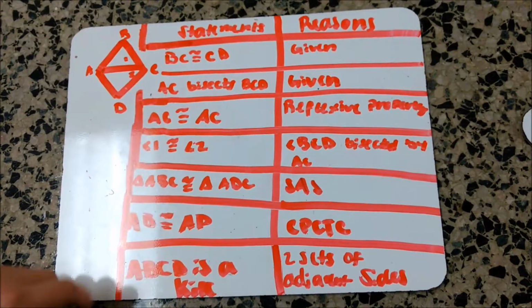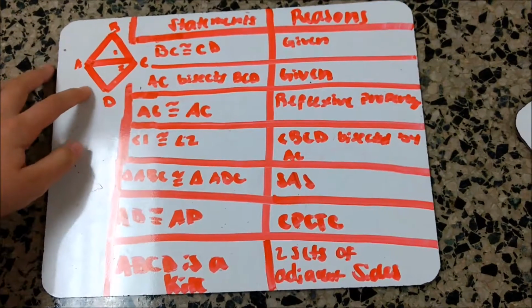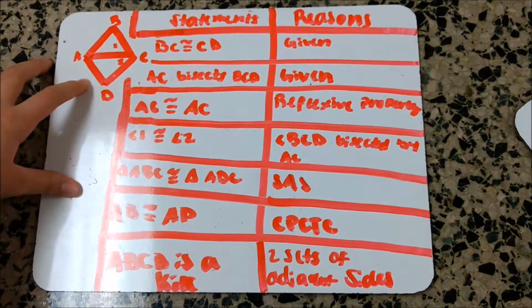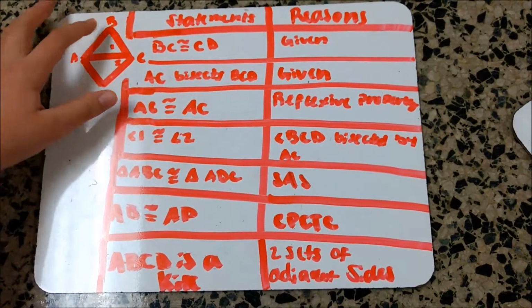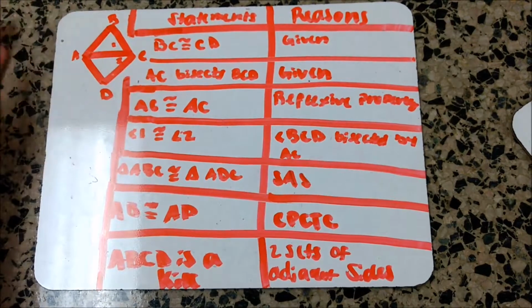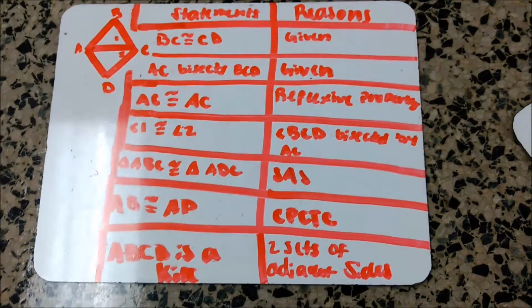Now we know that the lines AB and AD are congruent because corresponding parts of congruent triangles are congruent, because you know that the triangles are now congruent. And so ABCD is a kite because you have two sets of adjacent sides.